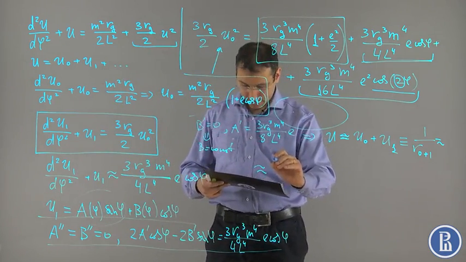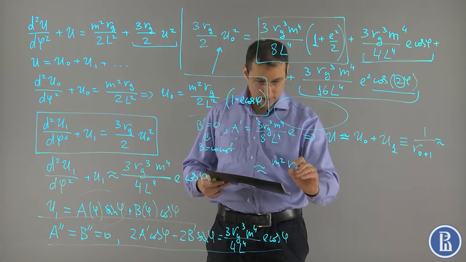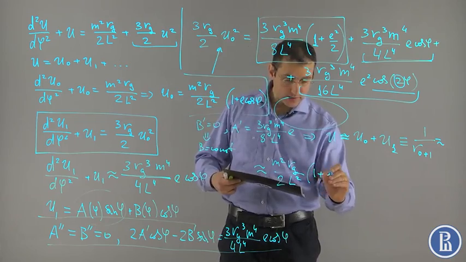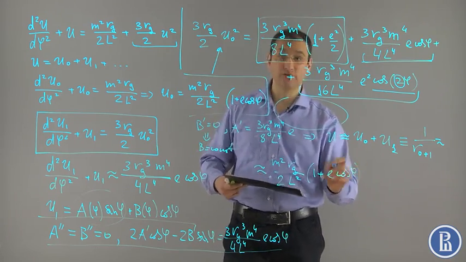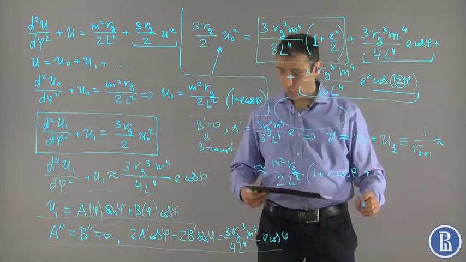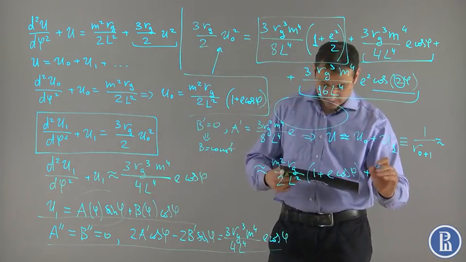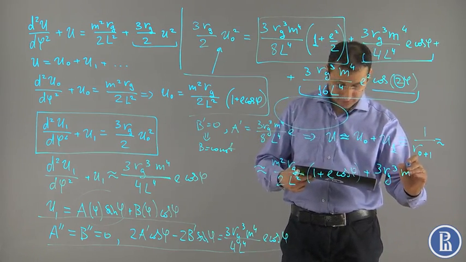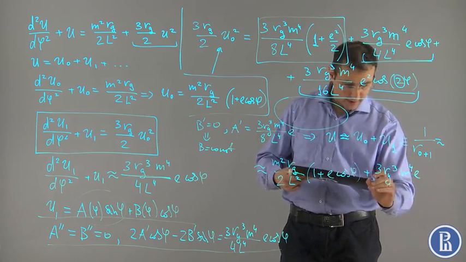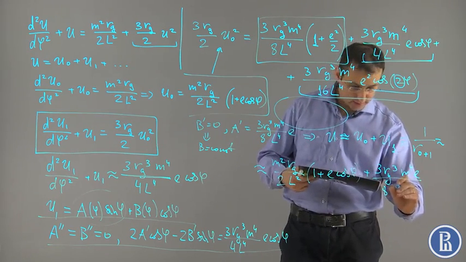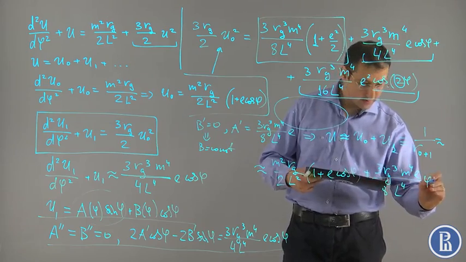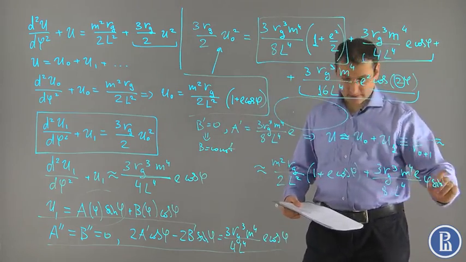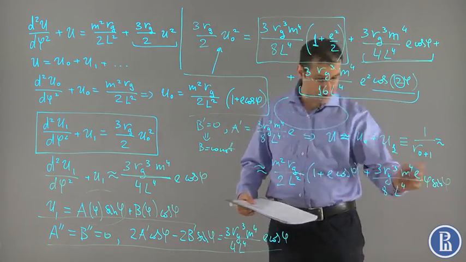So we obtain that this is m squared Rg divided by 2L squared times 1 plus e cosine phi, this is just U0, plus U1 following from here, the resonant one: 3Rg cubed m to the fourth e divided by 8L to the fourth, times phi times sine of phi. But note, this term in our approximation is much smaller than this one. So this is just a perturbation.